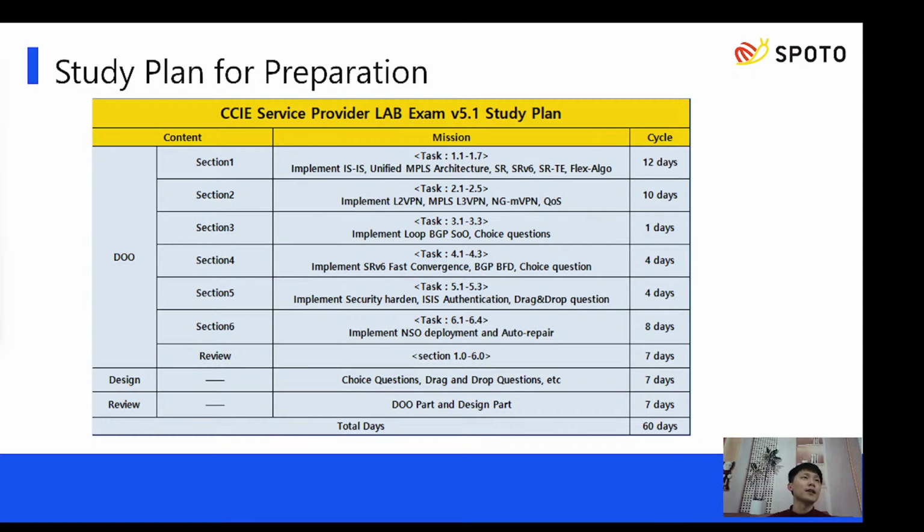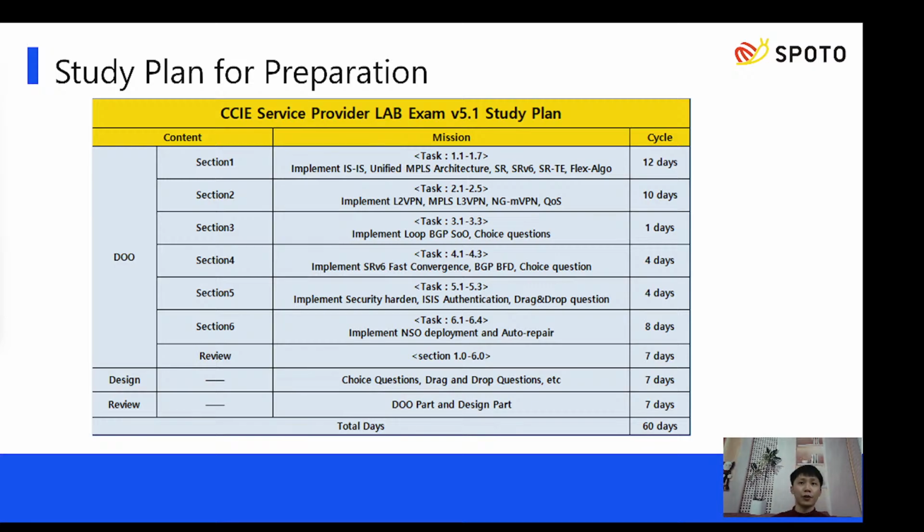Okay, here we have a study plan for you. For preparation, you will spend 12 days for session 1, 10 days for session 2, 1 day for session 3, 4 days for session 4, 4 days for session 5, and 8 days for session 6.